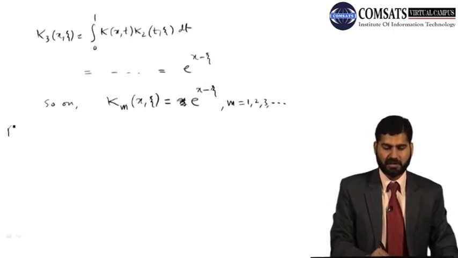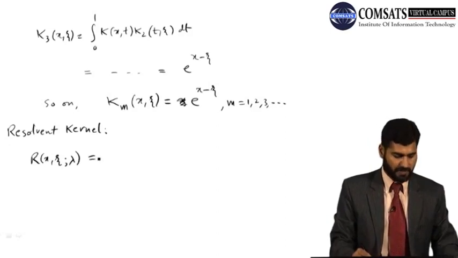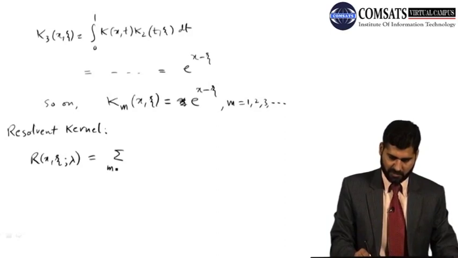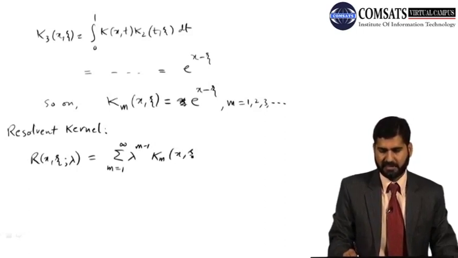Now the resolvent kernel has this form, R(x, xi, lambda). This is the summation for m going from 1 to infinity of lambda to the m minus 1 times Km(x, xi).